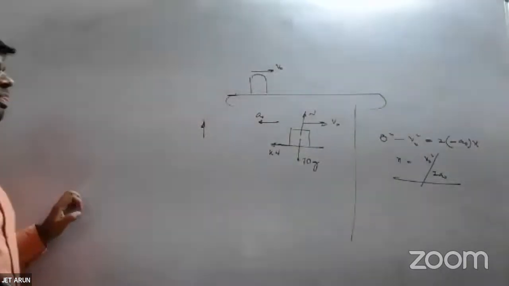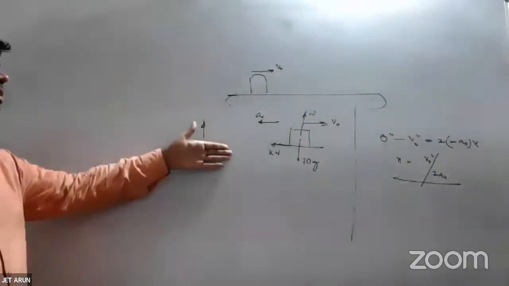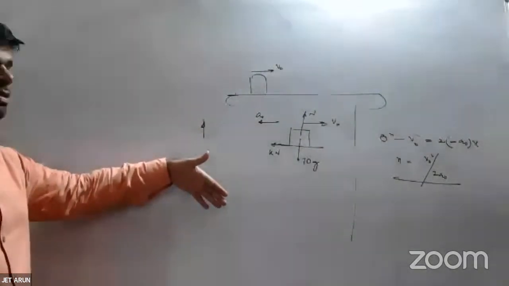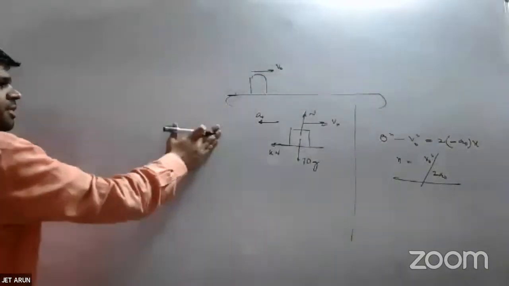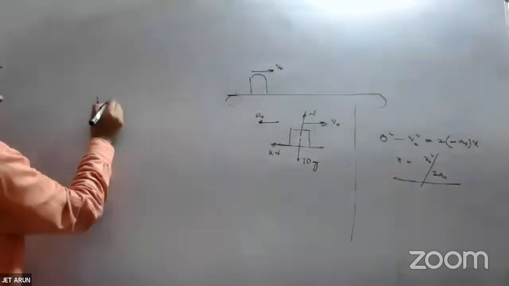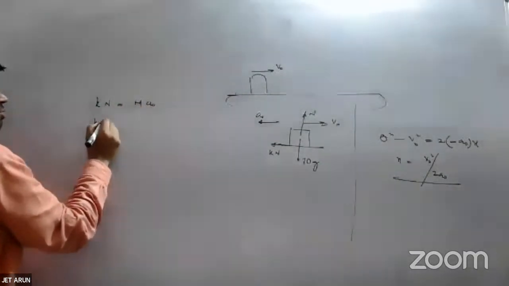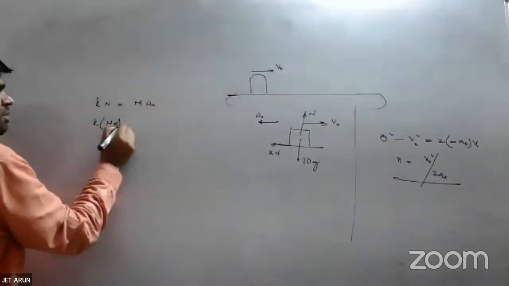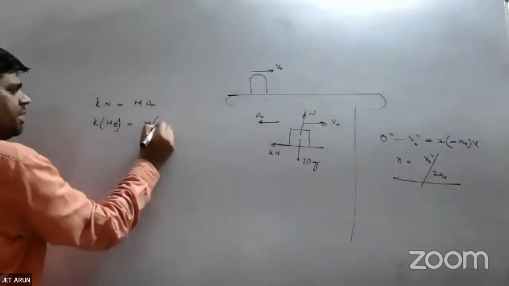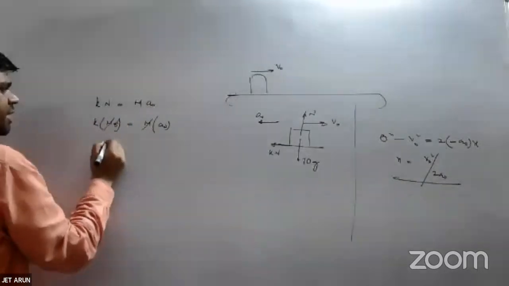But how do I get a naught? Again, I draw the FBD and write F is equal to ma. I'll get a naught from there. So friction is mu times n is equal to mass times acceleration. So mu times mg is equal to mass times acceleration. M gets cancelled out.